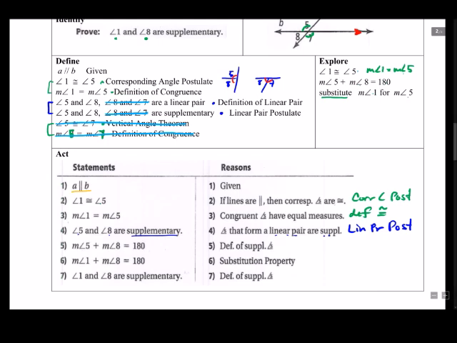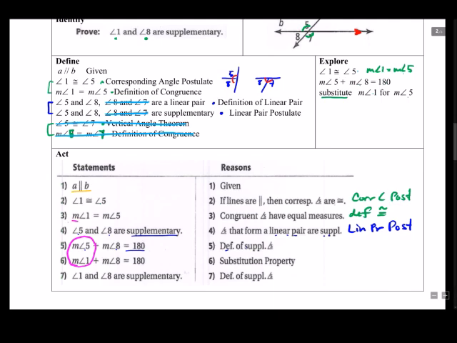Now that I have said they are supplementary, I can actually write my equation. The measure of angle 5 plus the measure of angle 8 equals 180 degrees. That's simply the definition of supplementary, just a basic definition. Now here is what I really wanted to do in the first place, is substitute angle 1 for angle 5.